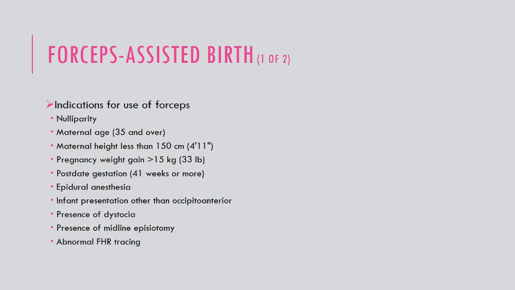If there's a baby who's presenting in a manner that's other than occipito anterior, remember we said anterior is good, that's what we want to see. But if the baby is in a posterior position, it makes it much harder for that baby to go through the mechanisms of labor and come through the pelvis appropriately.